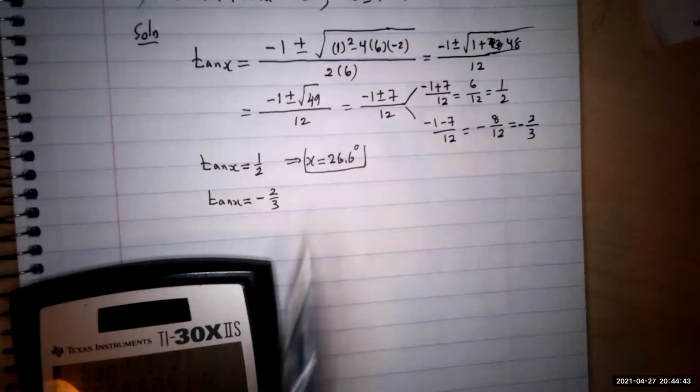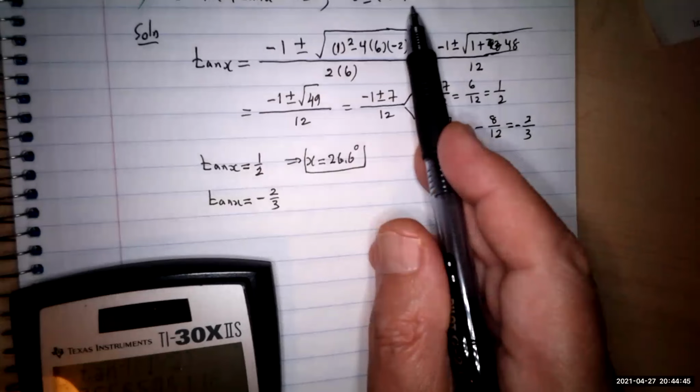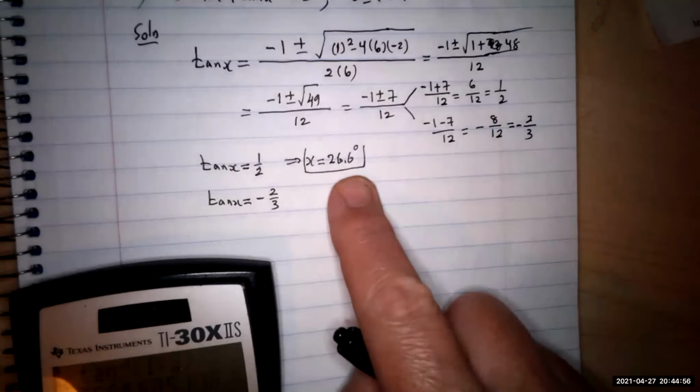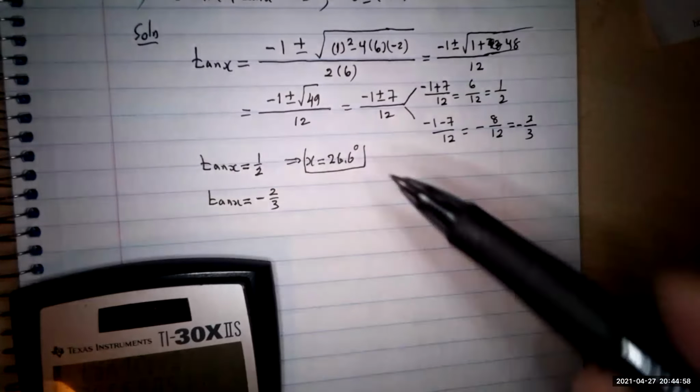They ask for between 0 and 2π to get the tangent. Tangent is going to be positive in the first and the third quadrant. So what you can do is add the pi to it to get the other solution, if you like.